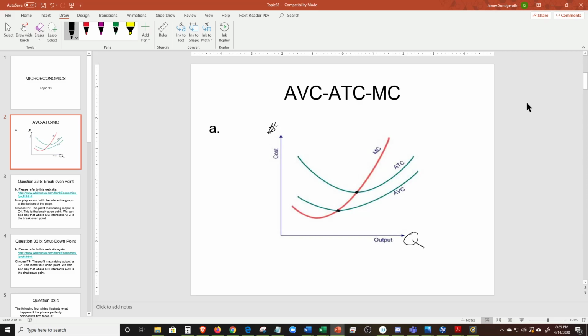And recall that the marginal cost curve has this shape here, especially from its minimum point upward, due to diminishing returns, diminishing marginal product.